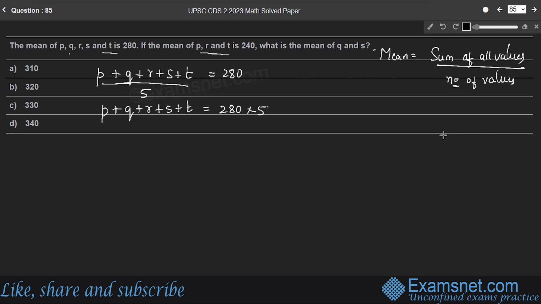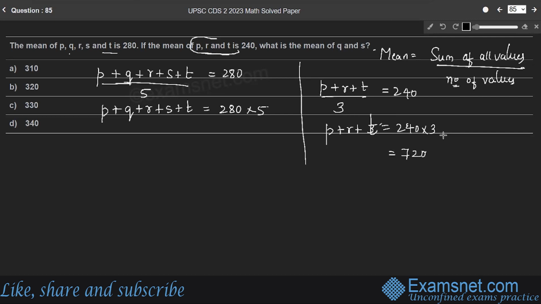In which the mean of P, R and T is given. Simultaneously, we'll consider the mean of P, R, T, that is P plus R plus T by 3 values, is equal to 240. Therefore, the sum of P plus R plus T is 240 into 3, which is 720.